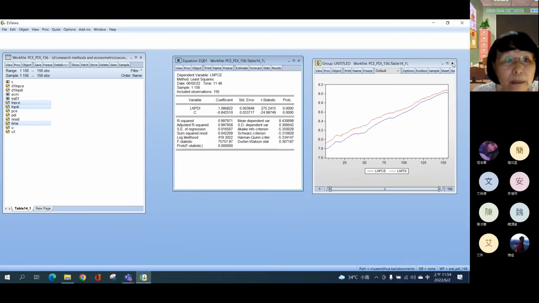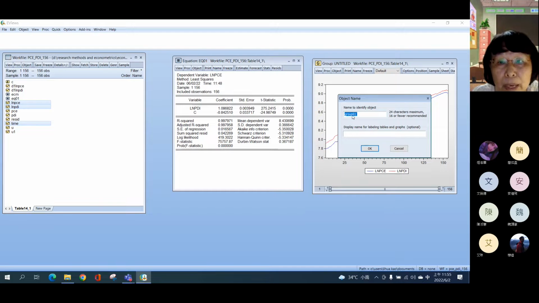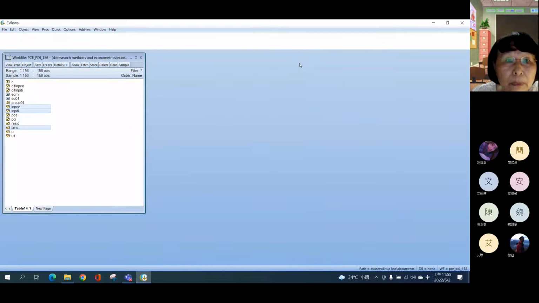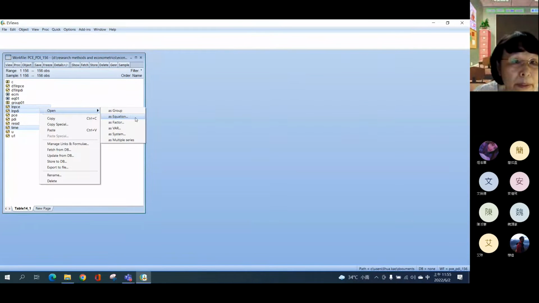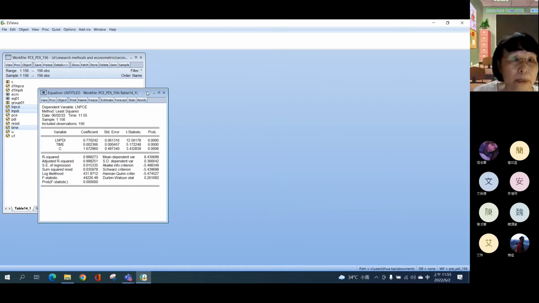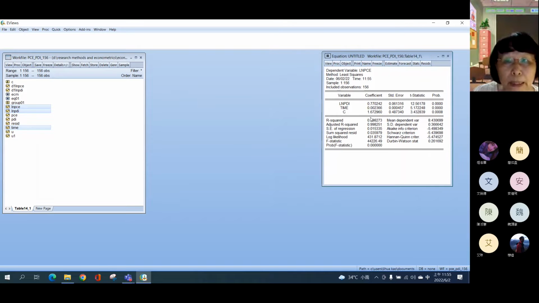Then let me also name this graph group 1. Then I run this regression equation. All right, let's see the result with the time variable added.